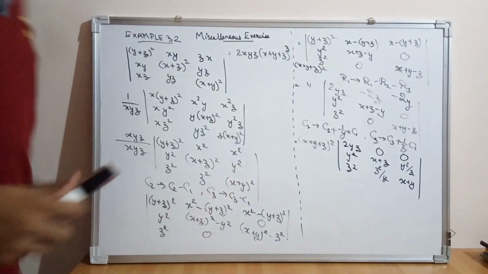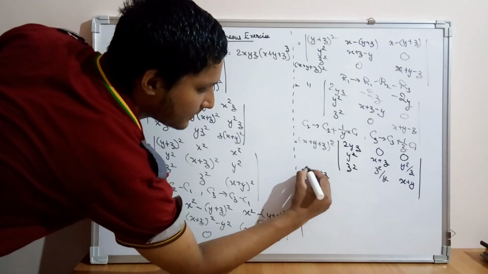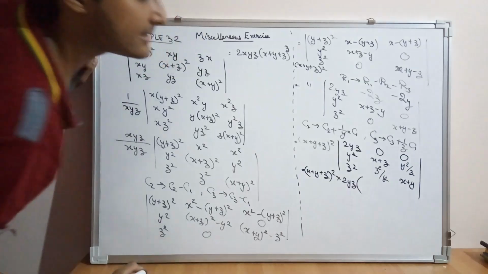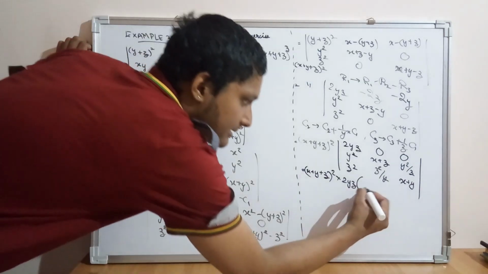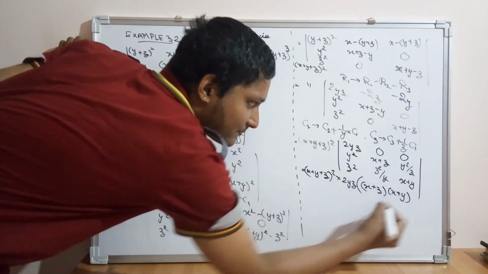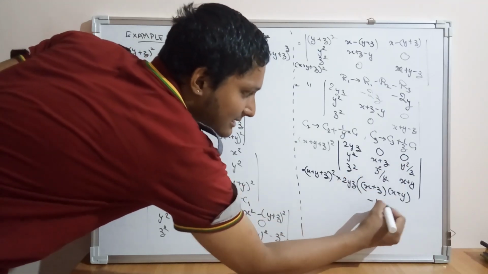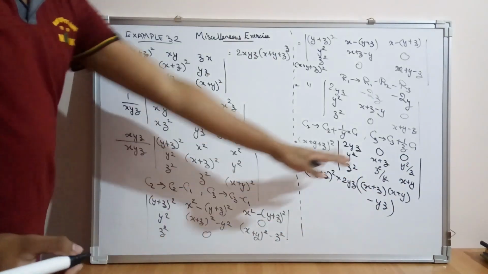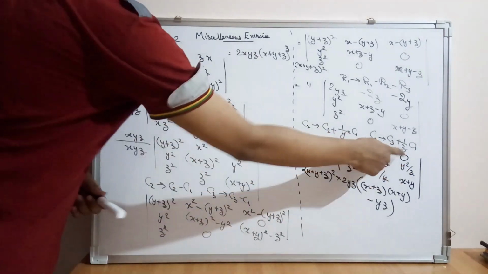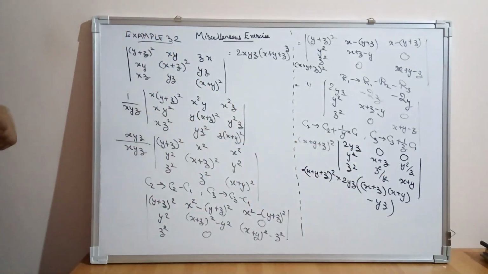Now expanding, we have already got x plus y plus z whole square. Then we have 2yz. Now what is there inside the bracket is mattering. That is x plus z into x plus y. Then minus z square by y into y square by z. At last you'll get yz. I'm not bothered about that cancelling and all. So z square by z is z. Then y square by y is y. So yz is going to remain.